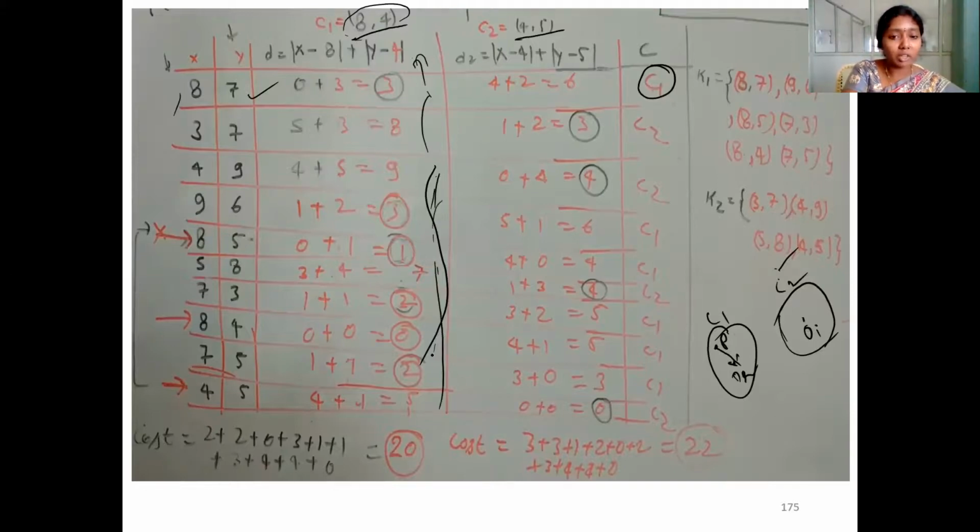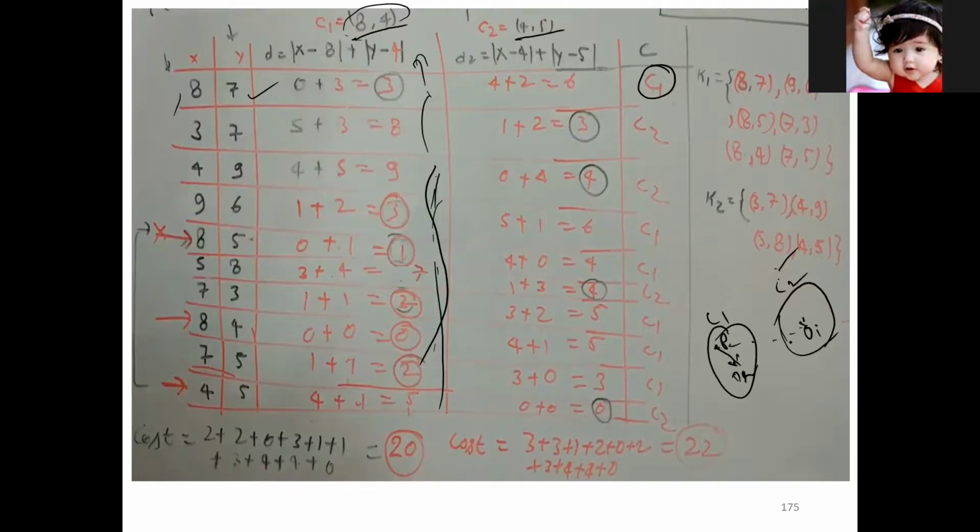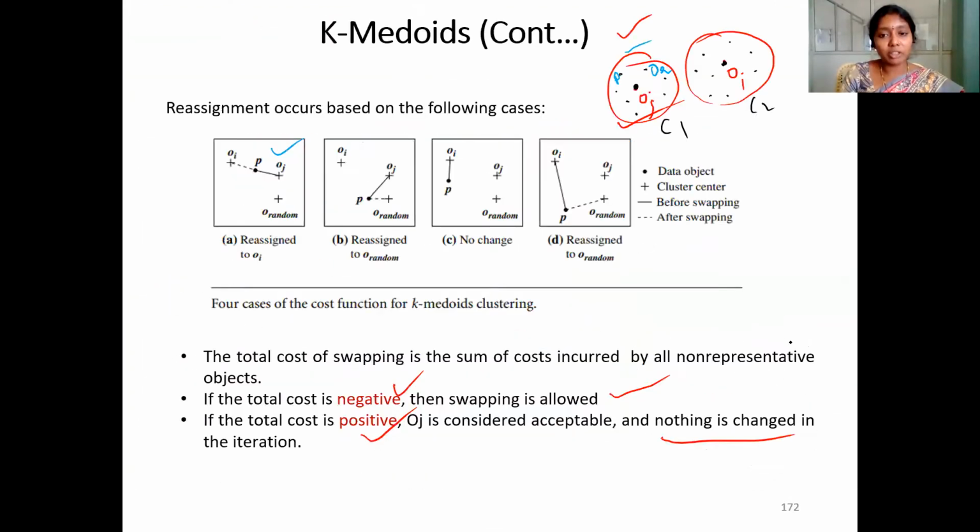These values may change, right or not? That means each point may belong to some other cluster also based on the distance value. So if based on the distance value P is closer to OI, then what to do? We need to assign P to this OI. That means we need to assign P to this cluster 2. That is what they have mentioned here.